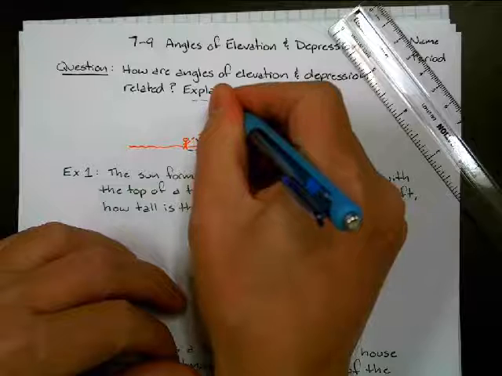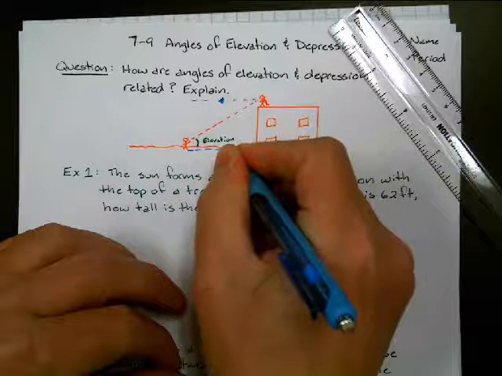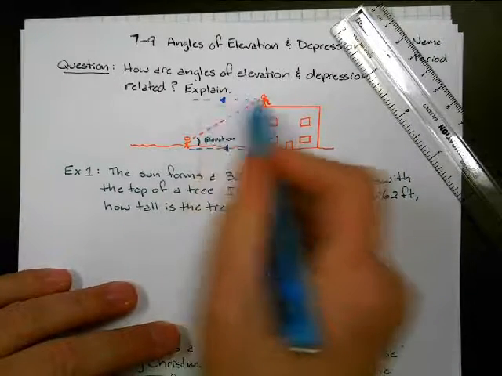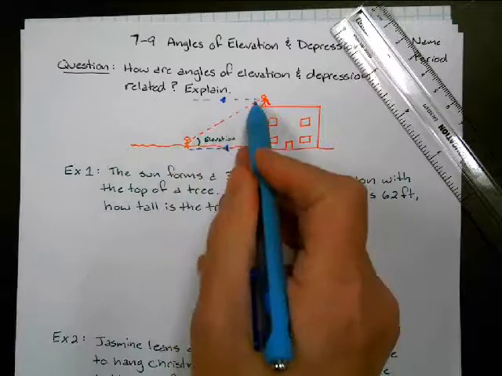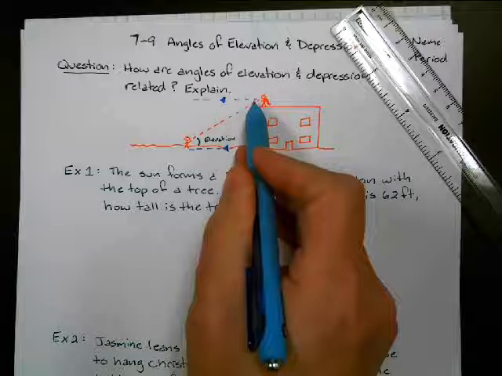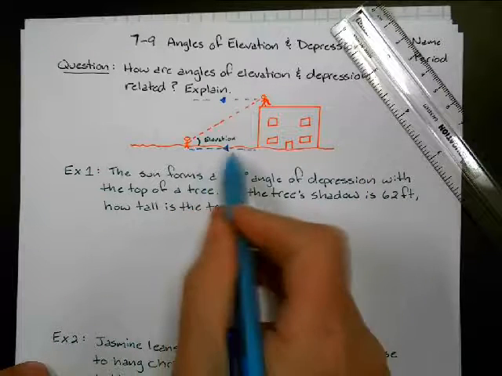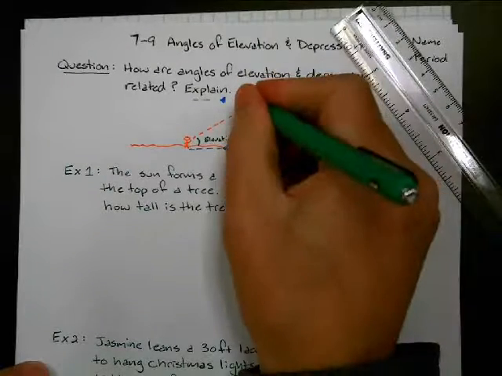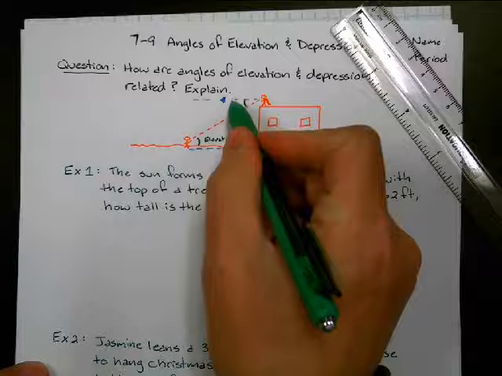Now what we have here is parallel lines. He's up here. His perspective is that this is what flat, or horizontal, is to him, whereas for the guy on the ground, horizontal is down here. So the guy on top has an angle of depression because he's looking down. Depress means to push down.